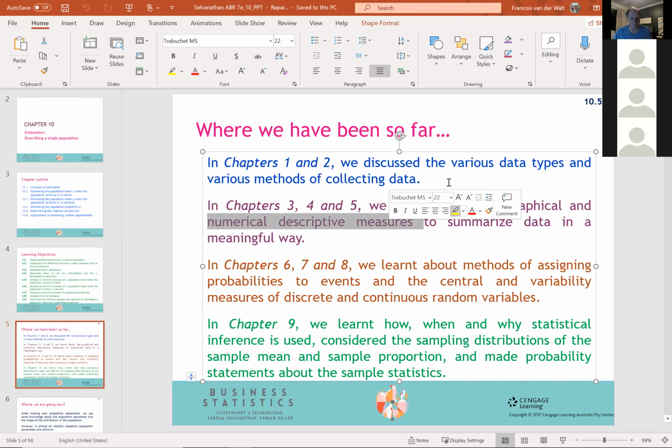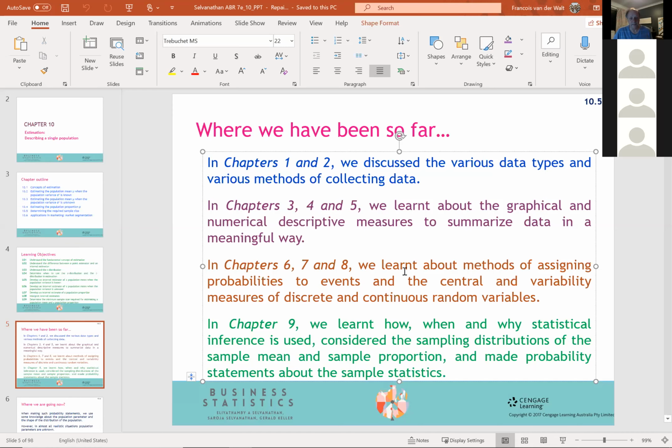So how do we summarize data? We can do it graphically, or numerically. But can you see that in this case, we've not dealt with anything where we've drawn a sample? This is generally speaking for a full population. Fortunately, we can use those same techniques for what we're busy with now.